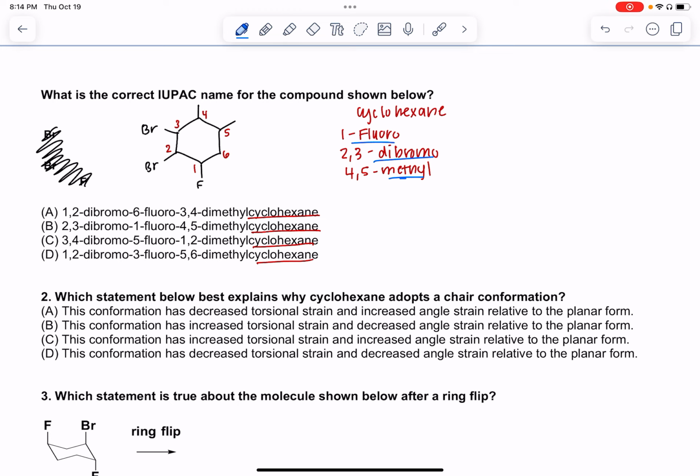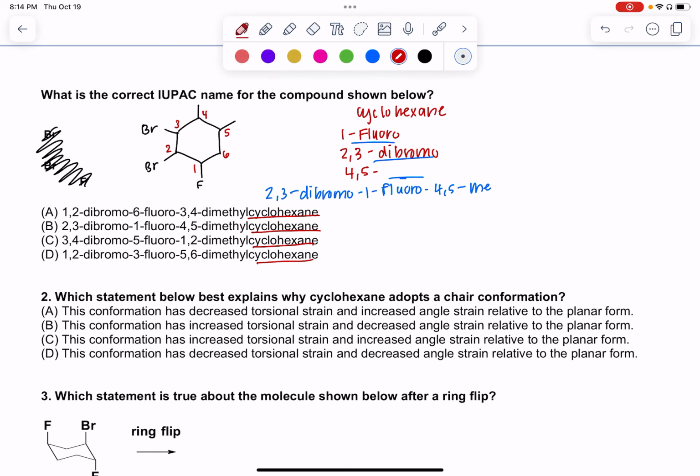So I would say that this is 2,3-dibromo-1-fluoro-4,5-methyl. Oh, dimethyl. That should be dimethyl, because there's 2 things. So let's make this dimethyl. Dimethyl cyclohexane.